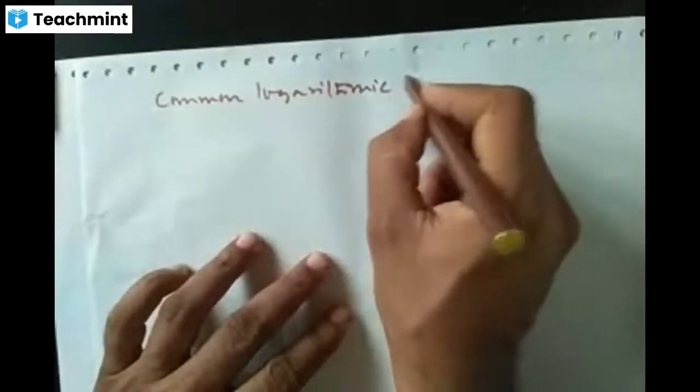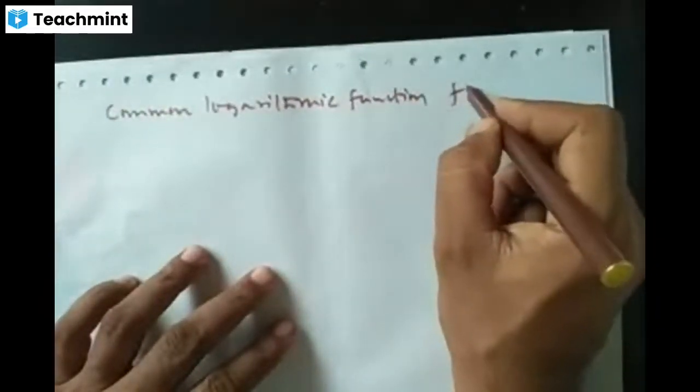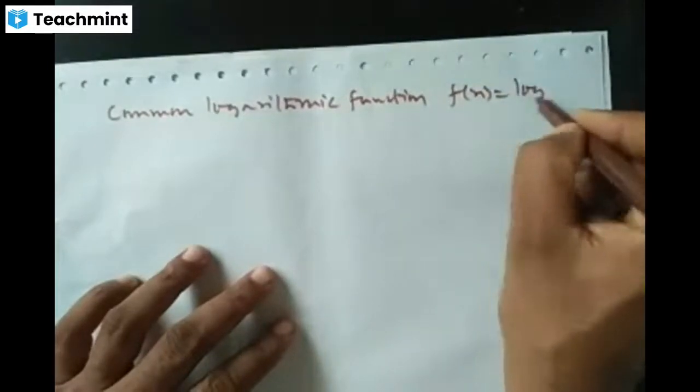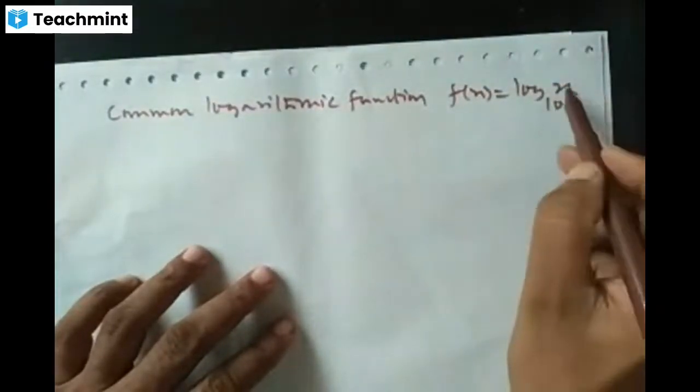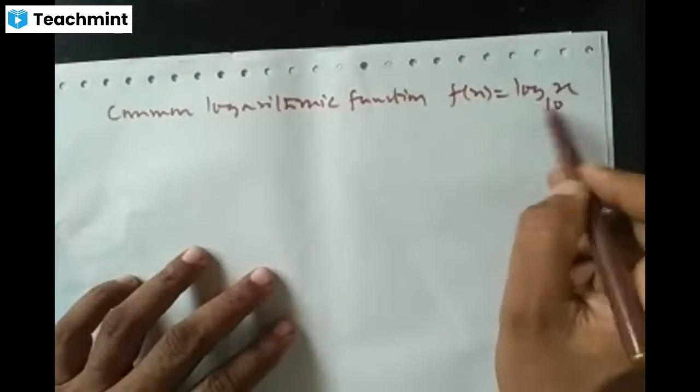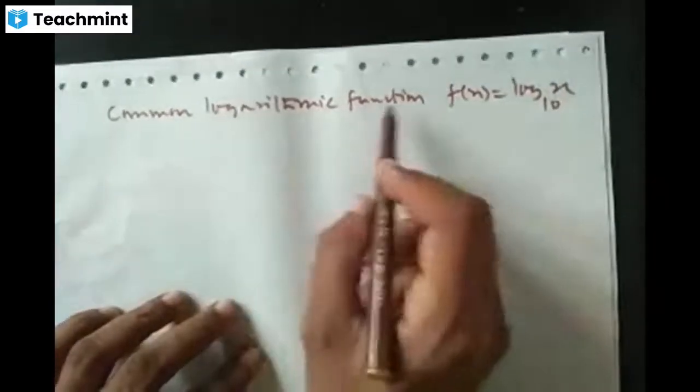Common logarithmic function is the function whose base is 10, log x to the base 10. If the base is 10, then the logarithmic function is called common logarithmic function.